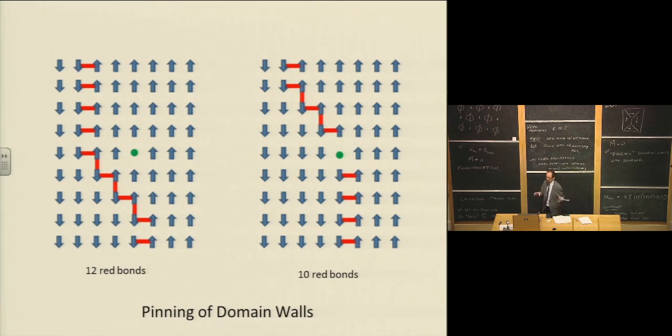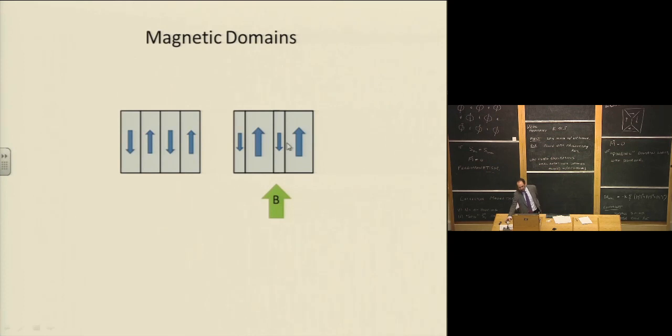By putting defects in the system, once the domain walls are in this configuration, you take away the magnetic field, but then they can't move back because they would have to give up some energy to move back to their original position, because they're stuck on the defects. That's the general physics of how you make a real magnet which has m not equal to 0. So far, so good?